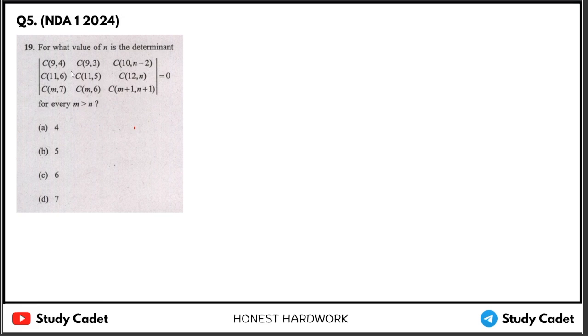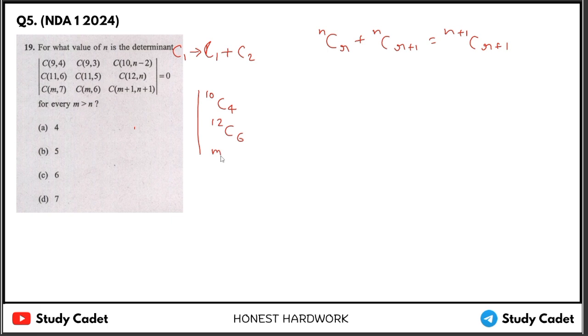For what value of n is the determinant 0? We can clearly see that if we change column 1 to column 1 plus column 2, then we use the simple property nCr plus nC(r+1) becomes (n+1)C(r+1). In the same way here we will get 10C4, here 12C6, here (m+1)C7.